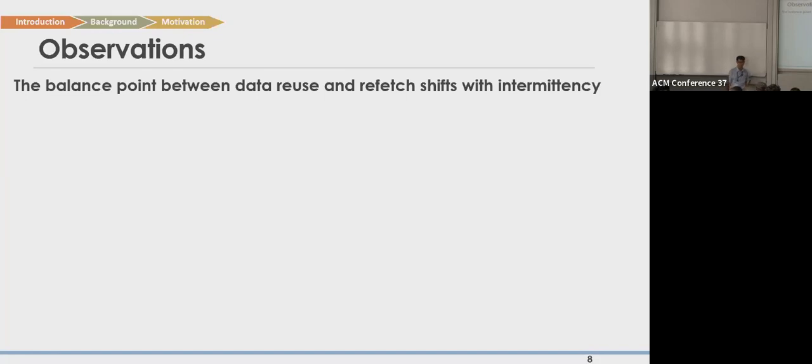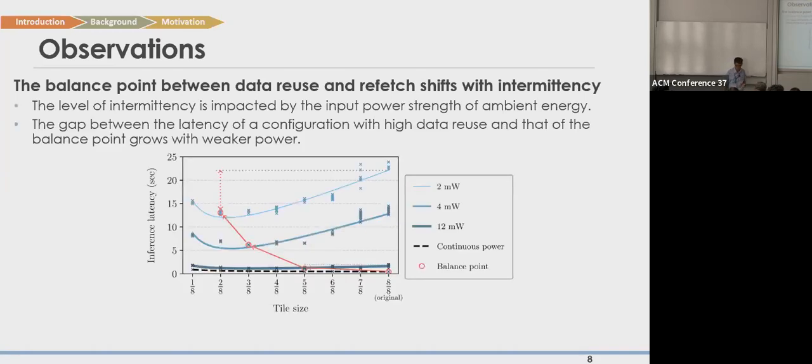And here we further make a key observation that the balance between data reuse and data refetch can change with the intermittency level that is affected by the input power strength. And here is an example. When the power is getting weaker and weaker, the balance point of data reuse and data refetch moves to a smaller tile size.